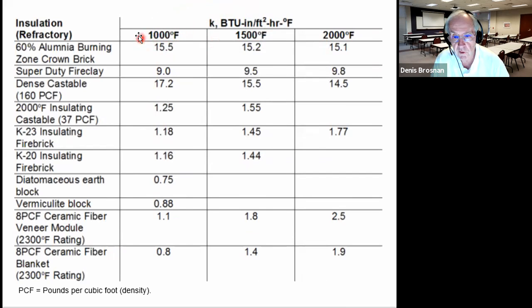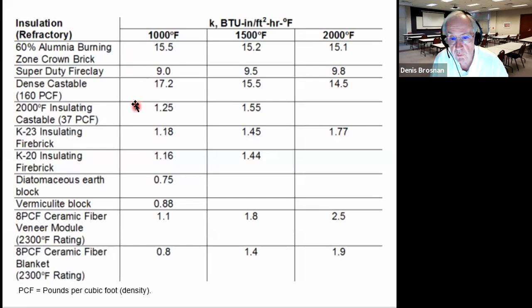So just focus on 1,000 degrees, and the highest thermal conductivity is that 60% aluminum burning zone brick, that andalusite brick, which is up around 15.5. As you go down to Super Duty fire clay, more porous, less dense, well, it's 9. Keep on going down.